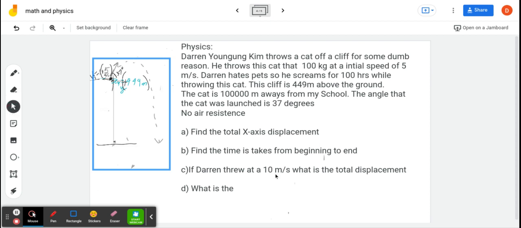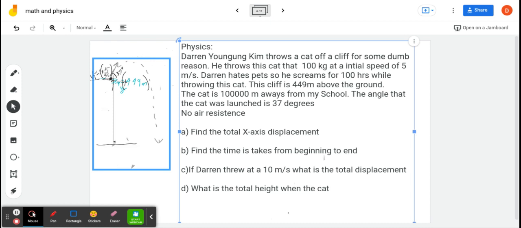What is the height? Total height when the cat's x velocity is 0.